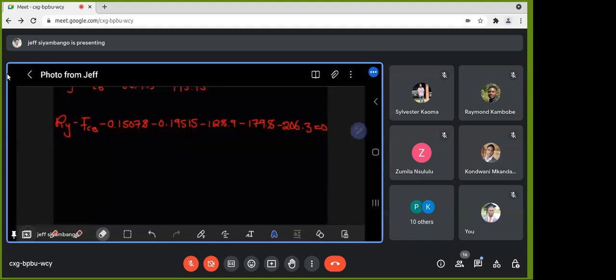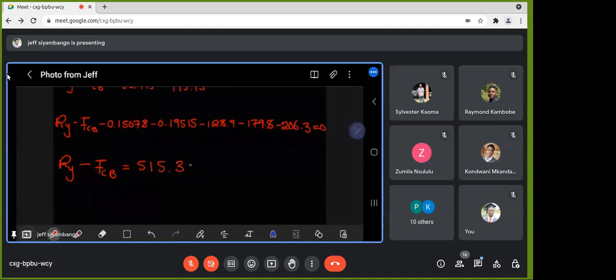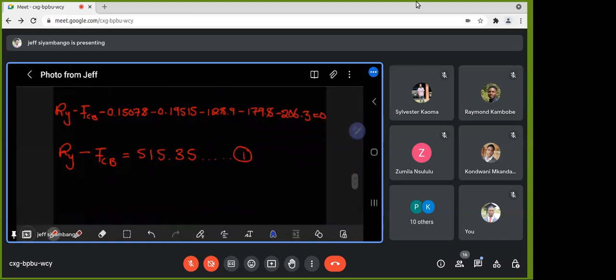Those are all the negatives. I get RY minus FCB to be equal to positive 515.35. You guys can verify this value.